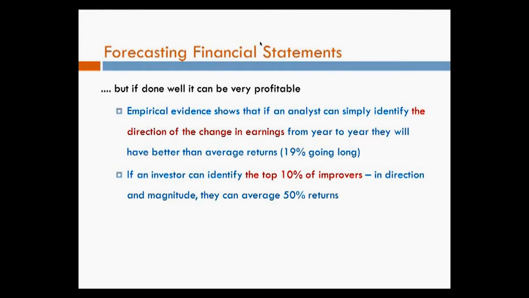If you're just directional. Now, if you could identify which companies are going to improve the most, if you could forecast that for the top 10%, you can average a 50% return on investment. So detailed analysis is the way to find these opportunities. It's not based upon guessing the market.